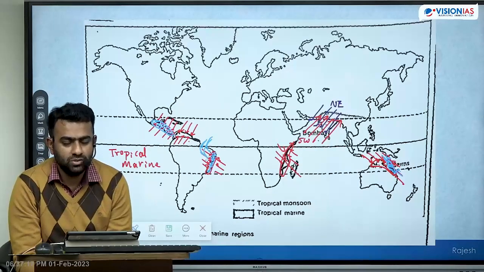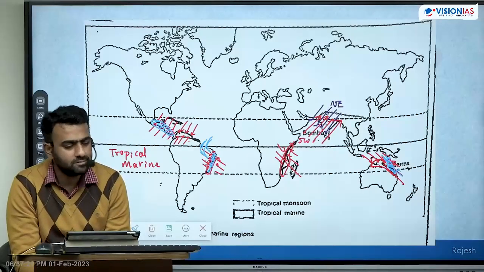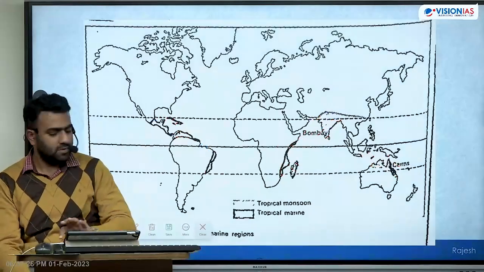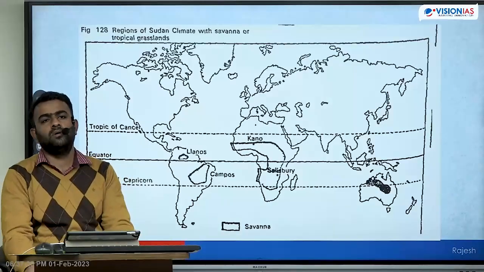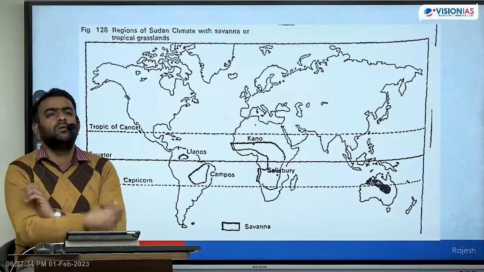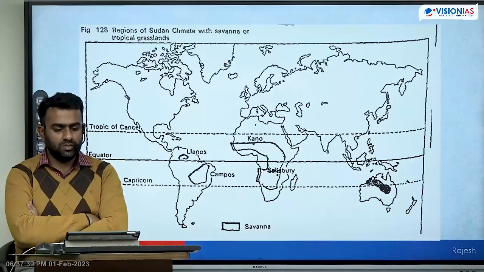So next, Sudan type of climate. It is also called as hot zone continental.